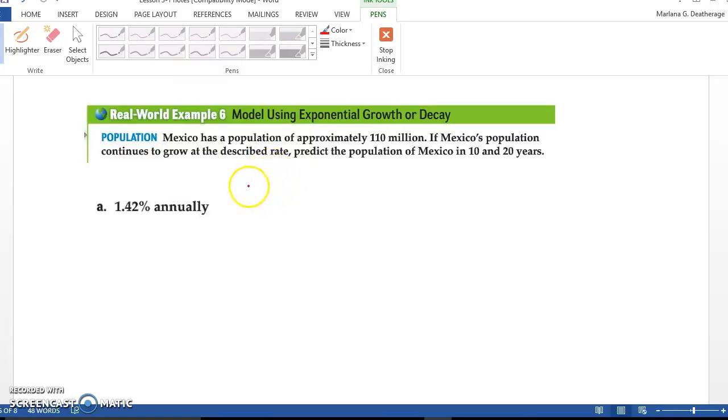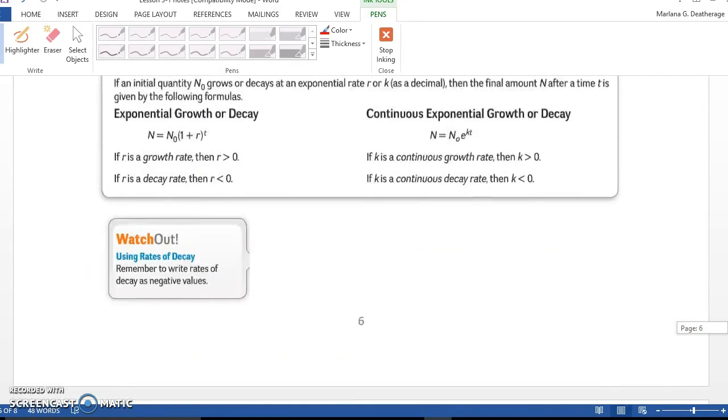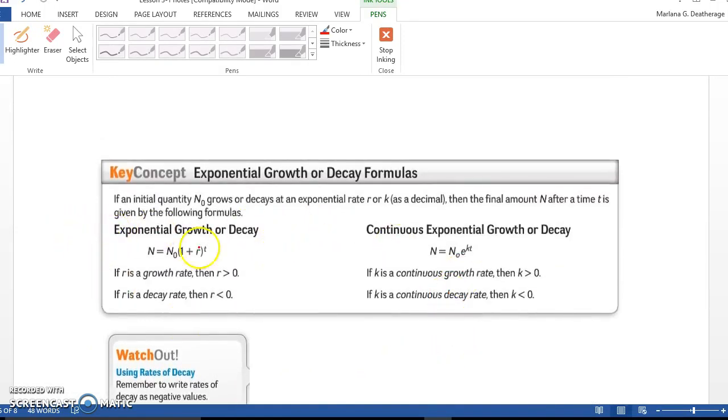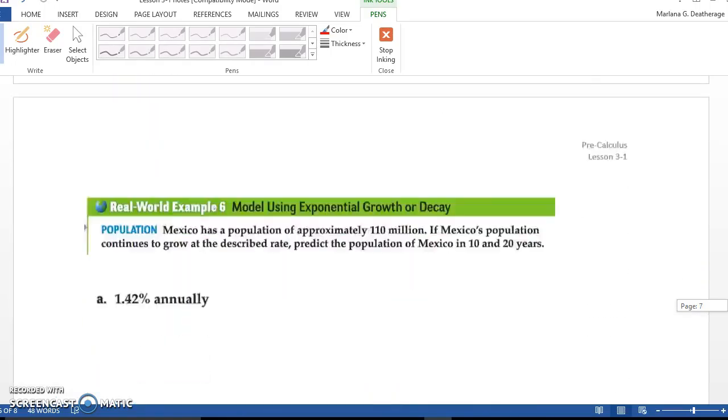First of all, from the previous page, I wish that was on the same page, we're going to be using the exponential growth or decay. It's not continuous, so we're not going to be using the continuous, just the regular one.